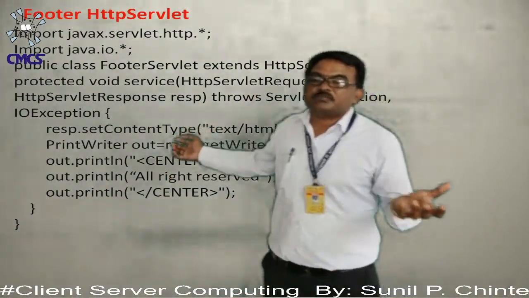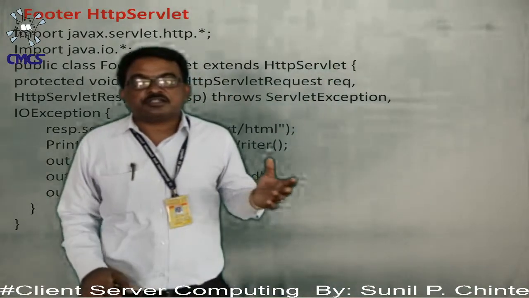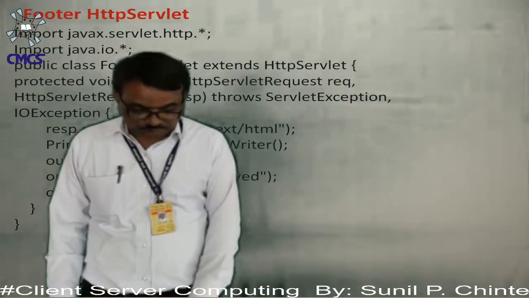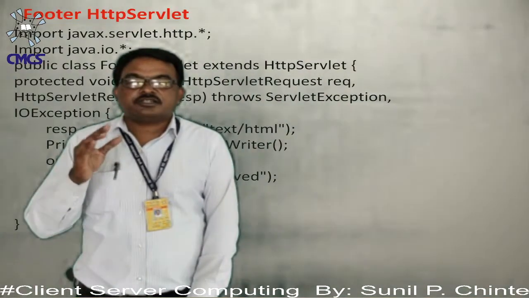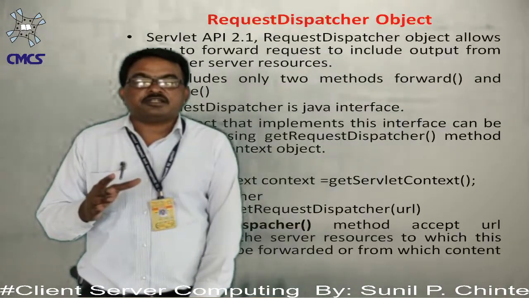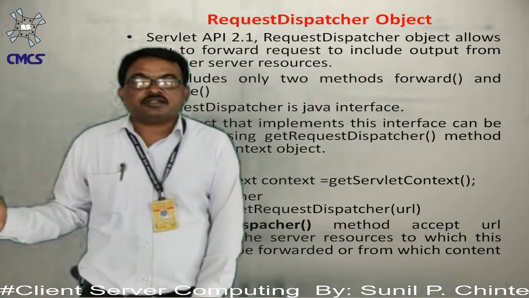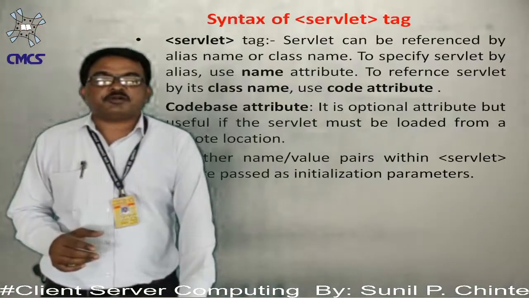For the writing purpose we use the print writer output stream classes. Okay, so this is the thing through which we can create and embed the file in XHTML files.